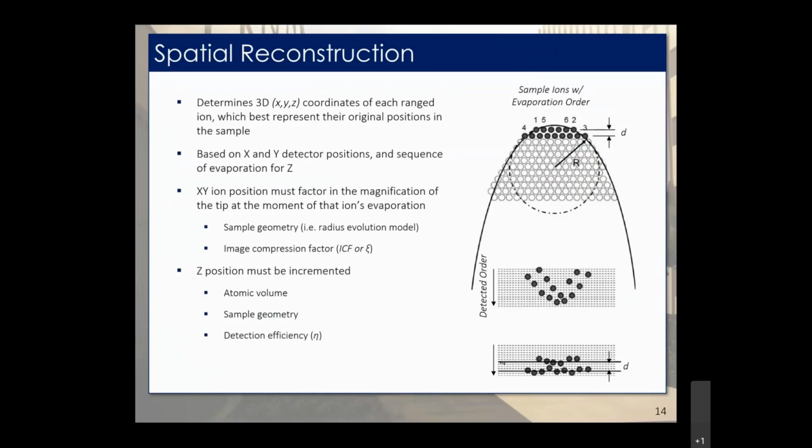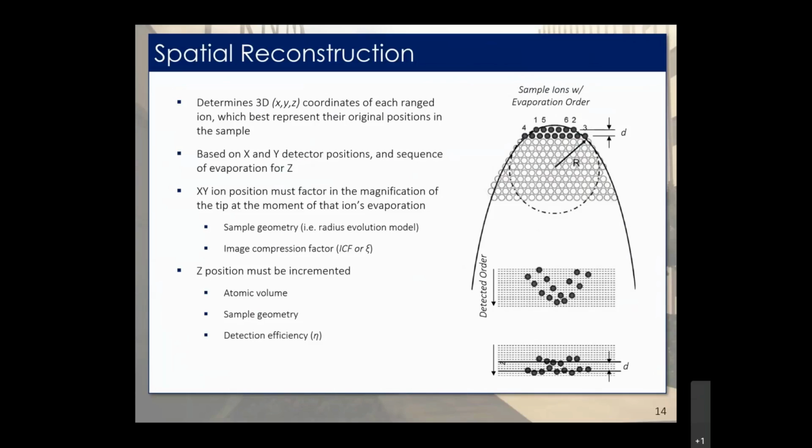And so then in addition to knowing the XY position, we also have to increment our Z position for each successive ion that was evaporated and then is reconstructed. To do this, we need to make some assumptions about the atomic volume. In other words, the actual physical space that atom occupied, that gives us essentially the difference in Z between it and the ions that were behind it.